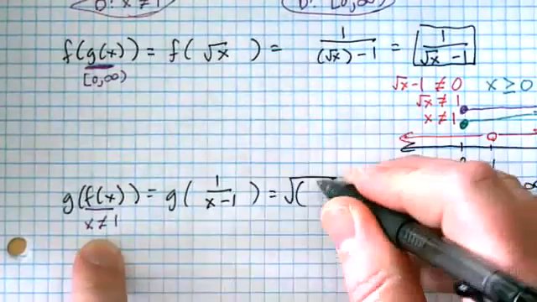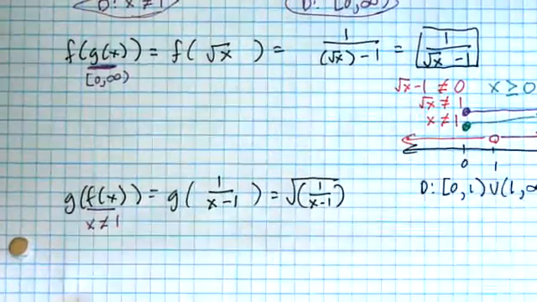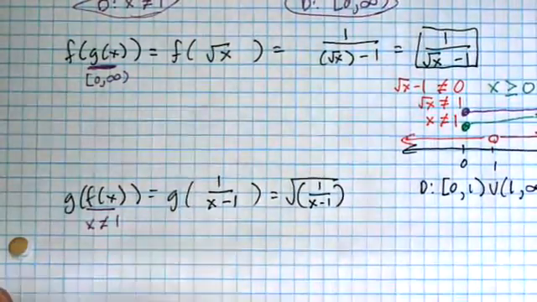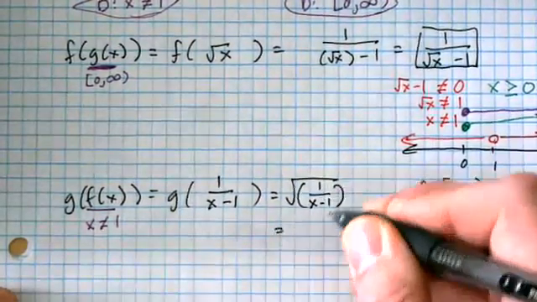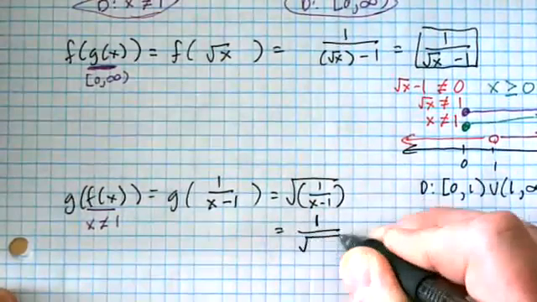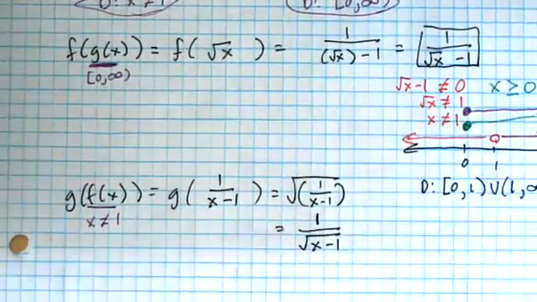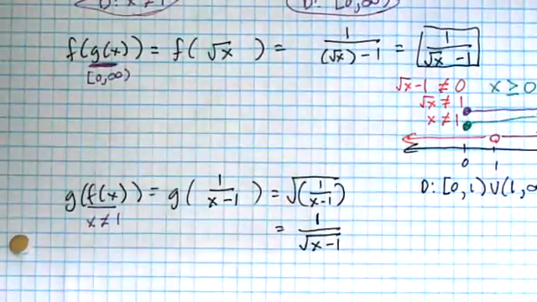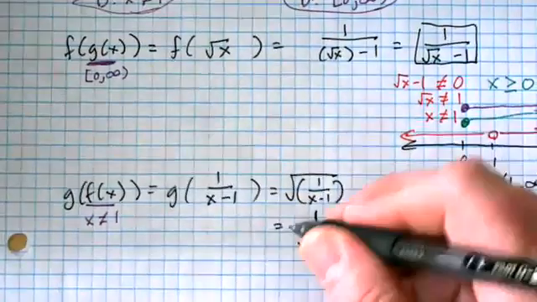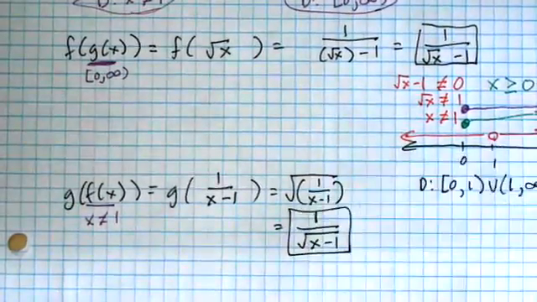We're plugging 1 over x minus 1 in place of that. And that doesn't really simplify either. Well, we could do the square root of the top and the square root of the bottom. The square root of 1 is just 1, and then we could do the square root of x minus 1 down here. So I'd say that'd be our simplified version.